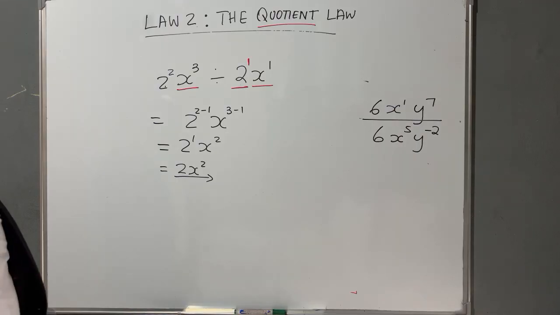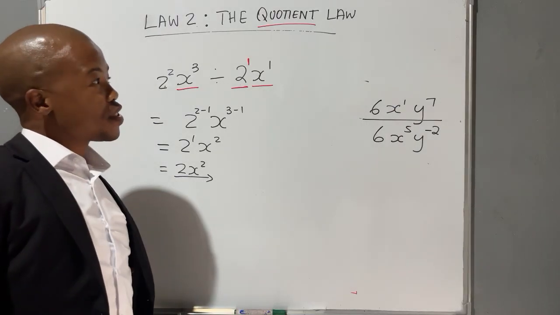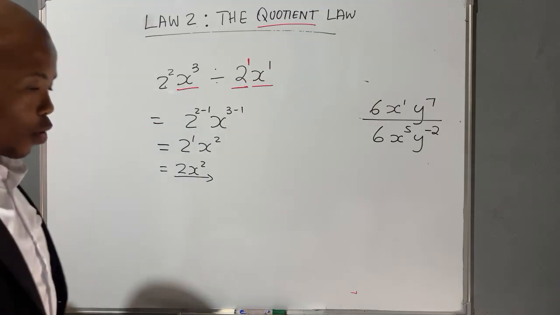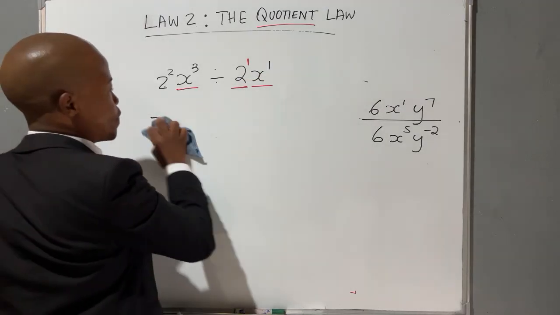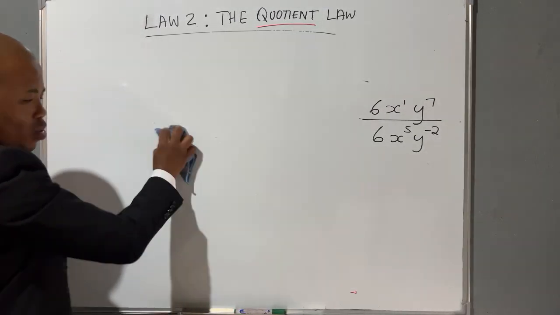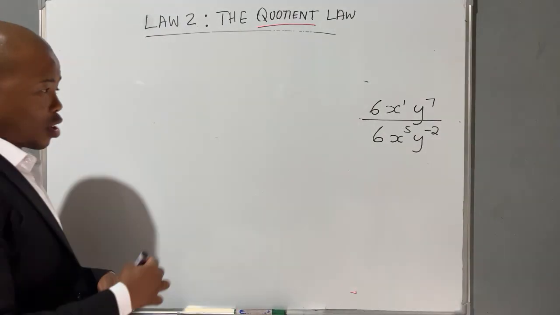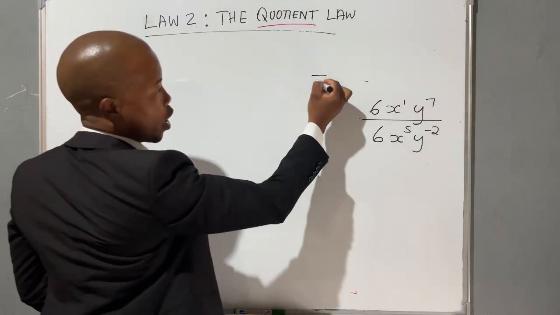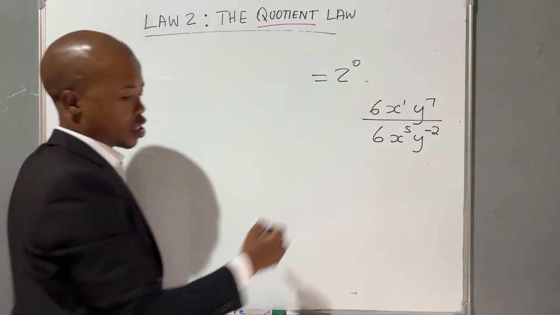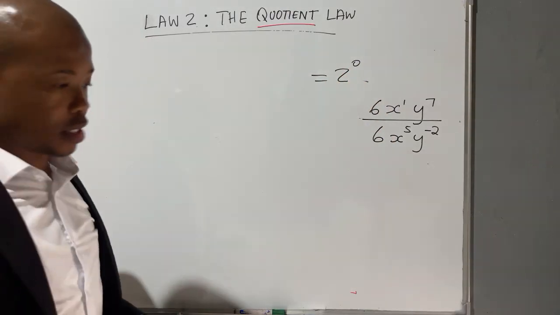Now, for those who know, you've seen something that I wrote before. Some of you might have recognized it, or maybe even asked yourself what that thing could be. Remember when I was writing 2 to the exponent 0?